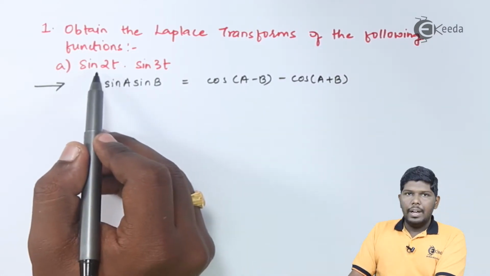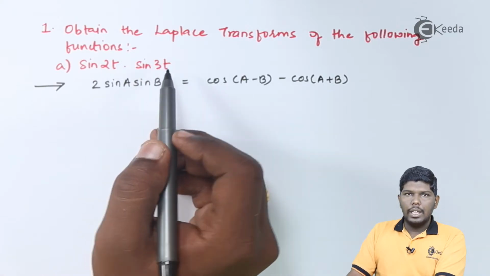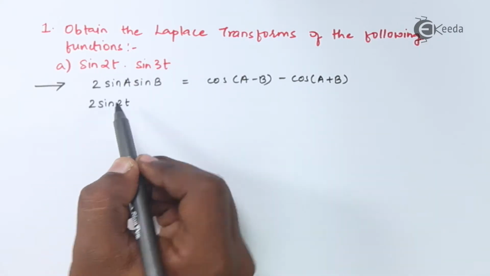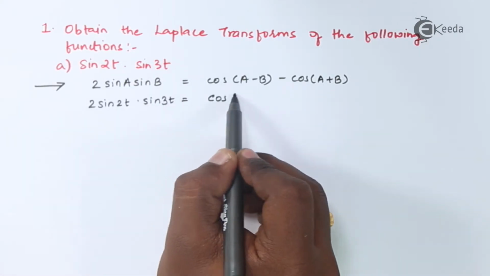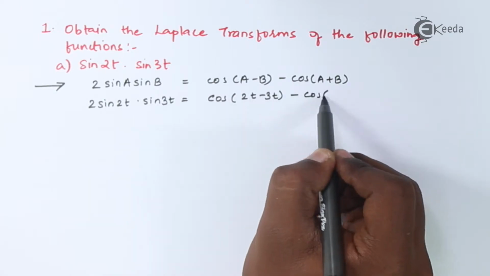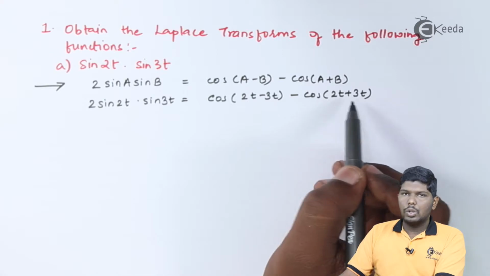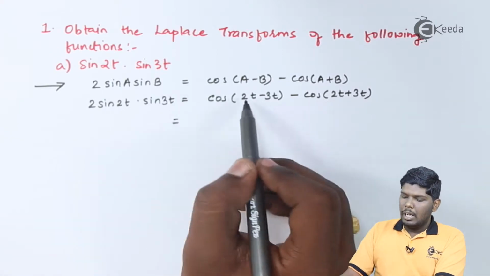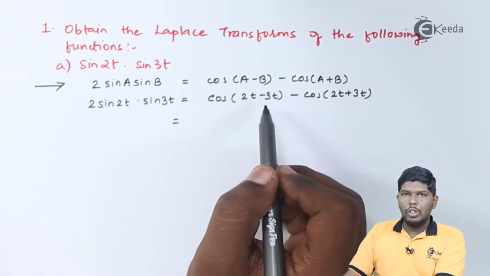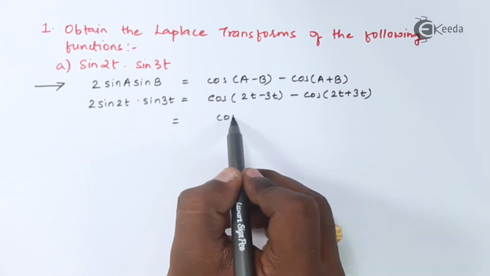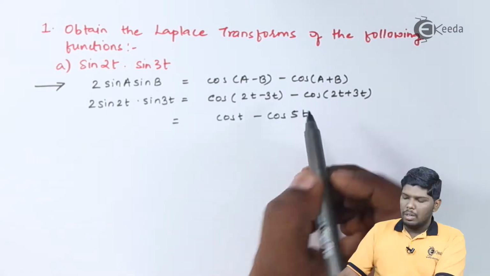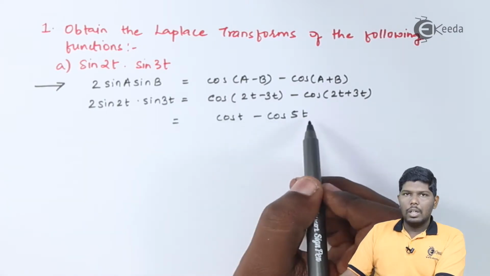Similarly, if I write it as 2 sin 2t into sin 3t, this will give you cos of 2t minus 3t minus cos of 2t plus 3t. Now 2 minus 3 will give you minus 1, but cos of minus theta is cos theta only. So we have cos t minus cos 5t.